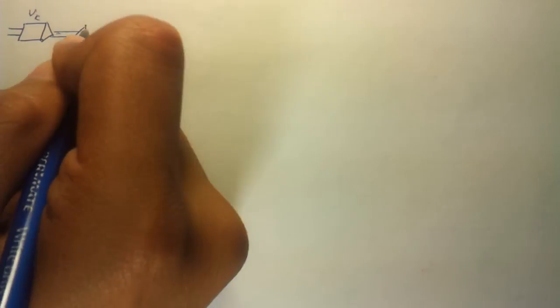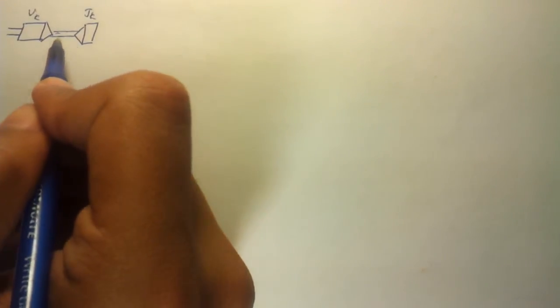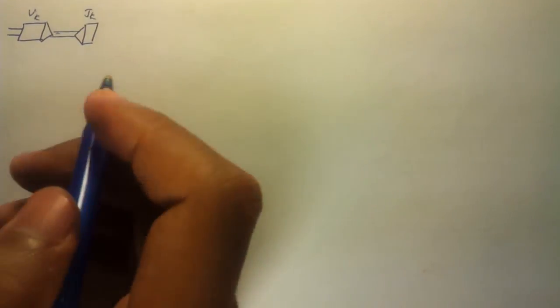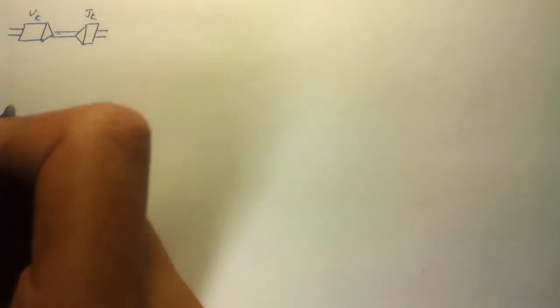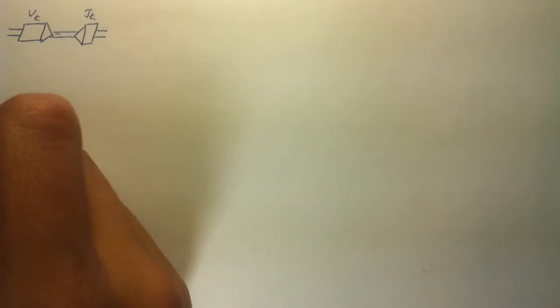Now, let's say I have this V kappa, and let's say I have this J kappa. And the first thing that happens when you have to remove these two is that first they orient, and for example they orient something like this.